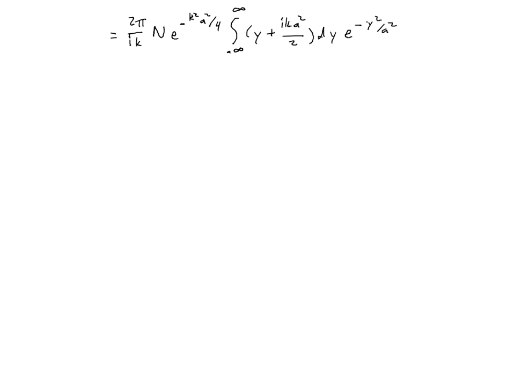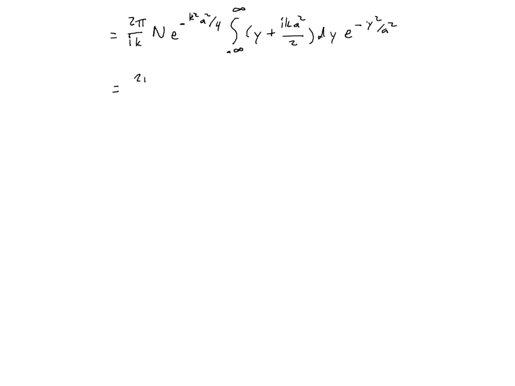Okay? And now this integral we can actually solve, because effectively it's just two integrals. One integral is where you take y times this, and the other integral is just the ik a squared over 2 times the dy in this term. And the solution to that, one of those terms, when you integrate from minus infinity to infinity, ends up dropping to 0 because of the symmetry here in the exponential.